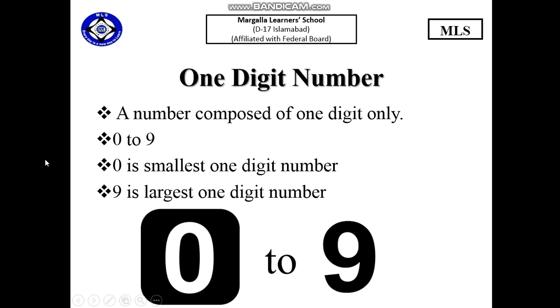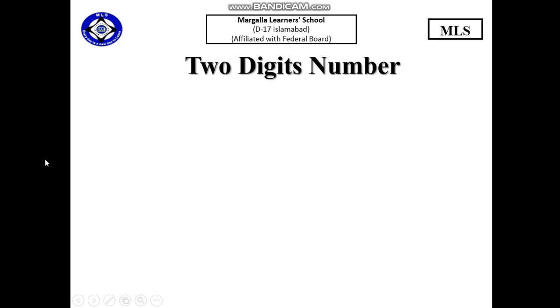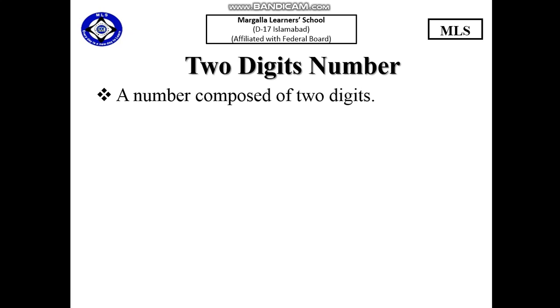Now let's come to our today's topic. First one, which is two-digit number. A number composed of two digits is called two-digit number. For example, 10 to 99. Here you can see the number 10 has 1 and 0 and 99 has 9 and another 9.